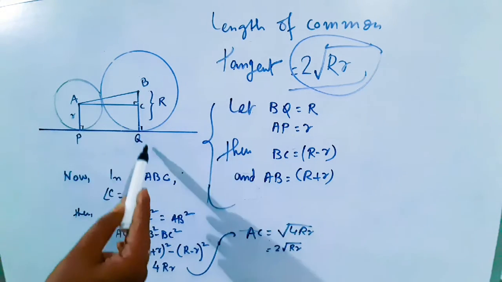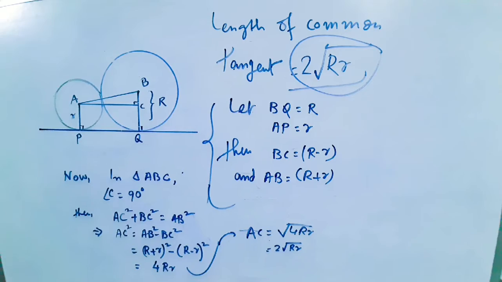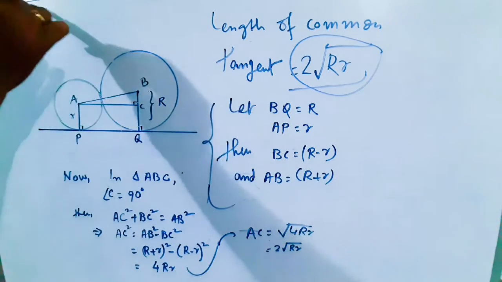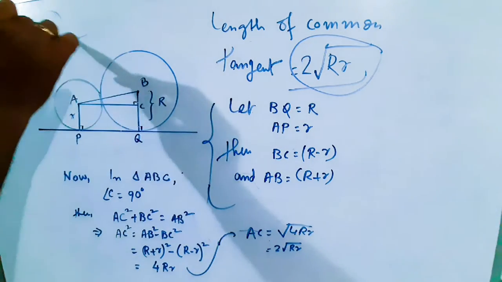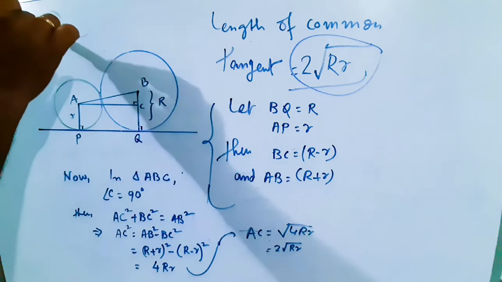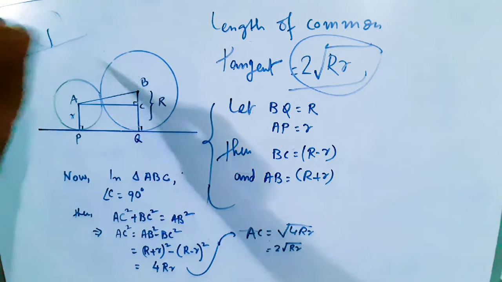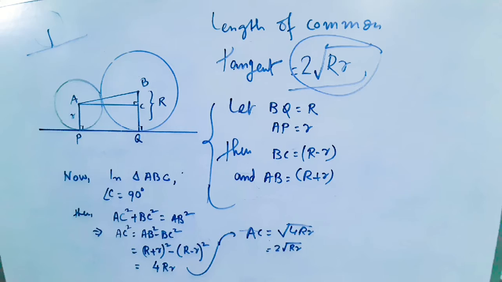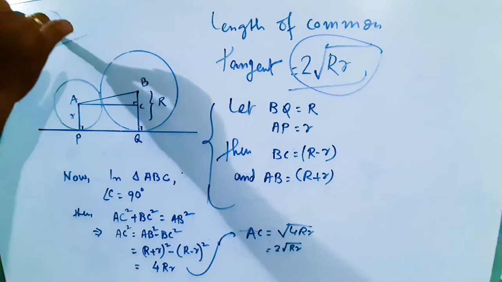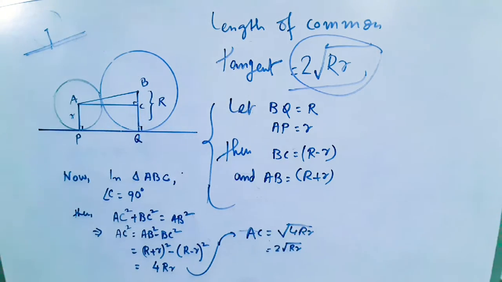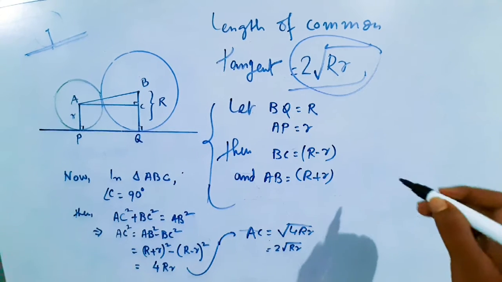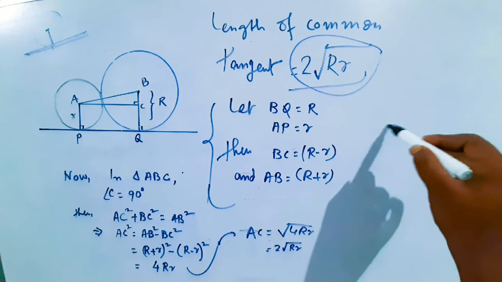So let BQ be capital R. Remember, when a circle has a tangent, and this is the center, if we connect the touch point with the center, then this radius is perpendicular to the tangent. Clearly a picture drawn here.